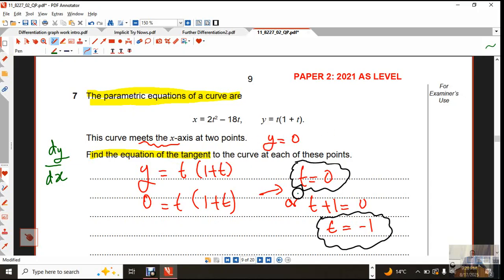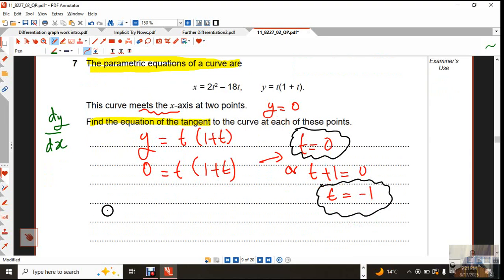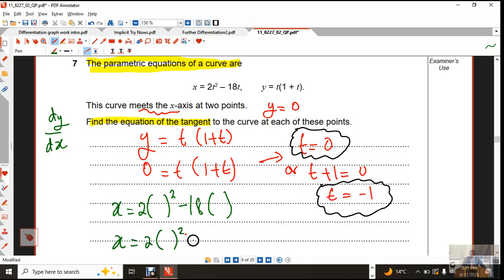Okay, another thing worth doing, once we have the corresponding values of t, is to go back into our x equation, because we'll be needing x values. So x is equal to 2t squared minus 18t. We are going to substitute in the first instance t equals 0, and x happens to be 0.